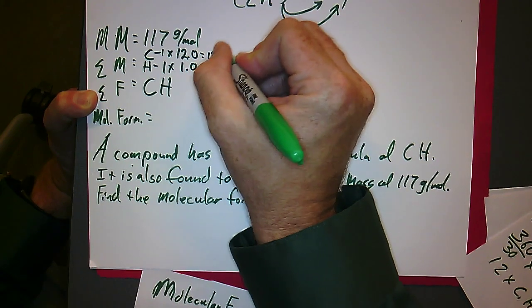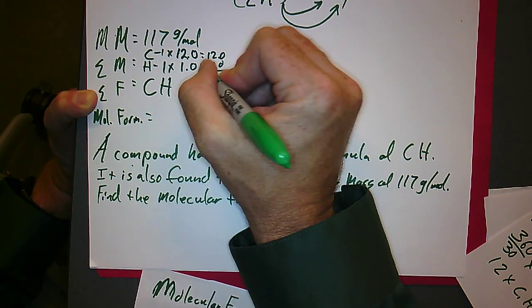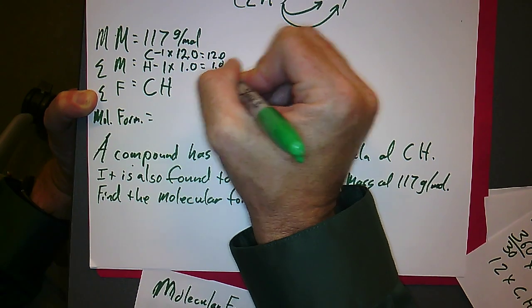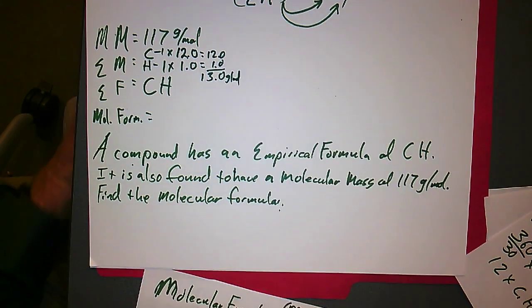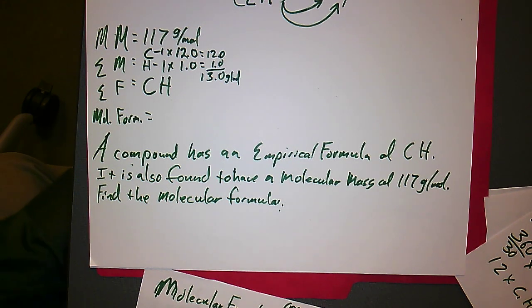So we multiply that out. We get 12.0 plus 1.0, so the total would be 13.0 grams per mole. Okay? Not too hard, right? That's something we've probably done at least 100 times so far, because we're doing it on all our conversions. So when we get to the final and you have to do one of those, that'll be an easy point, right?